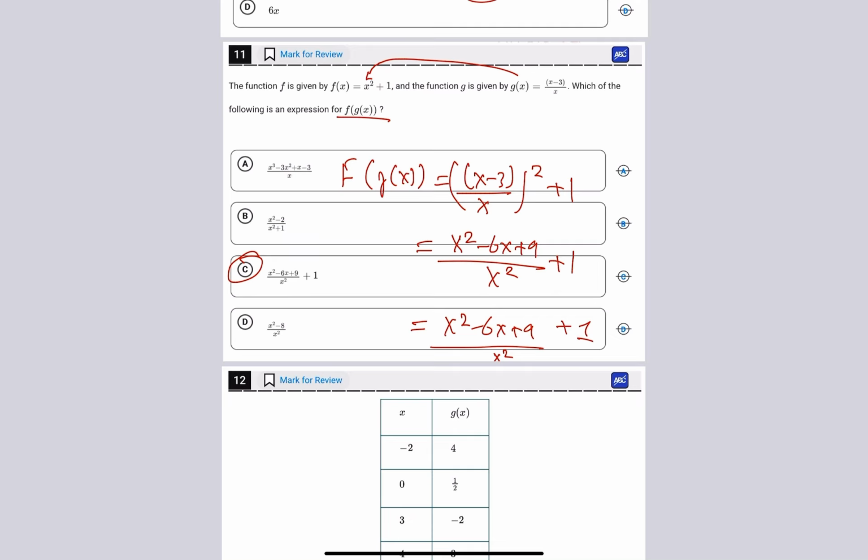So let's say we do add x squared. So x squared, this is going to be 2x squared, and that's not the case with any of the answer choices. Okay, so that's it for C. That's it for question number 11.